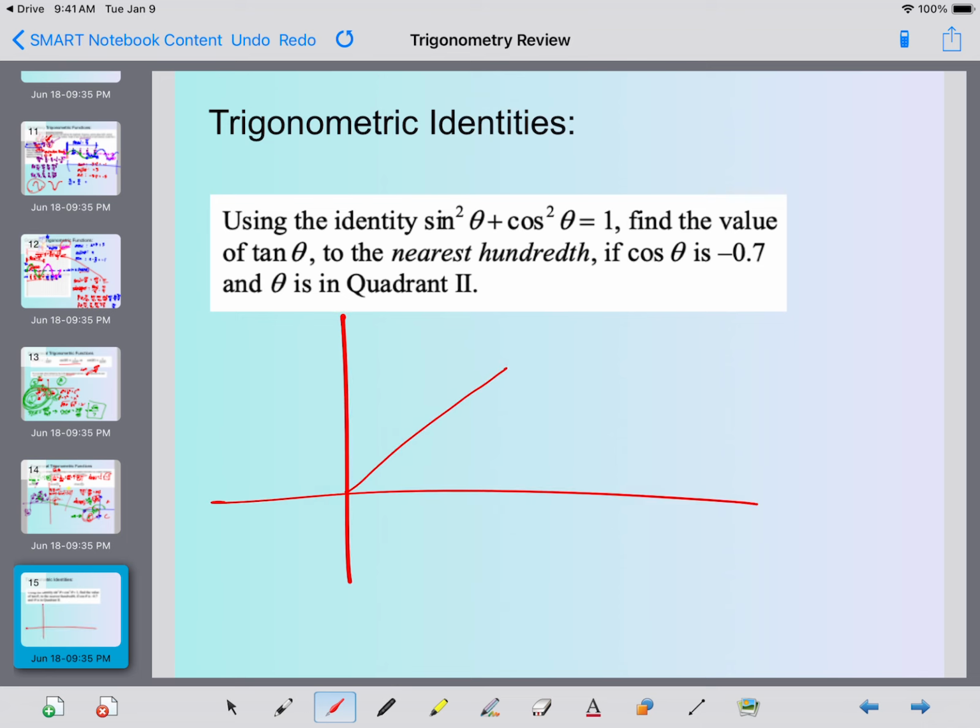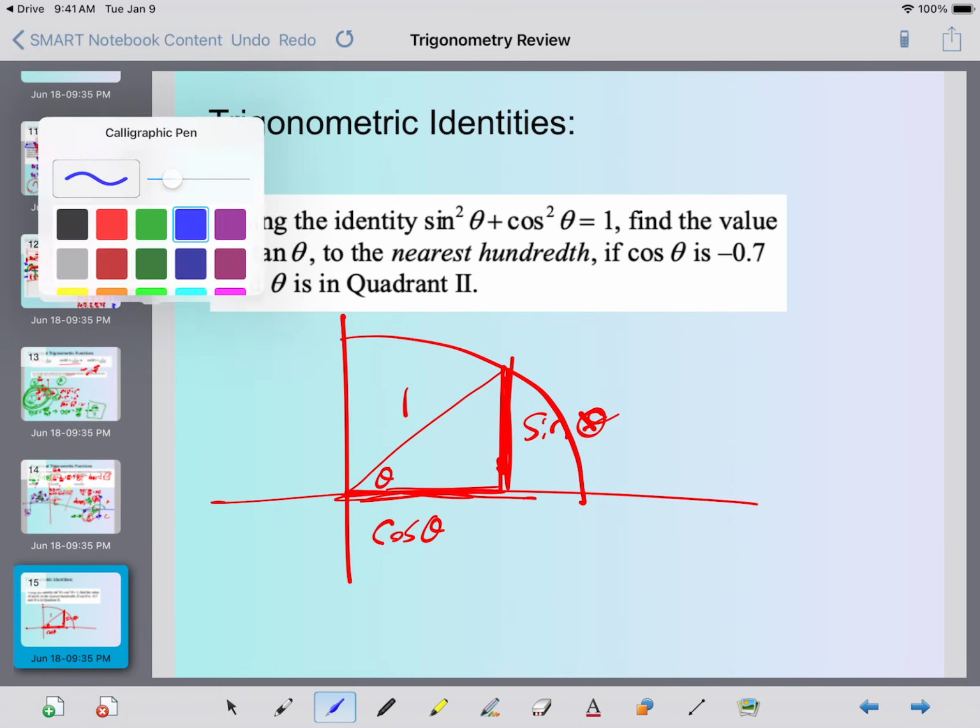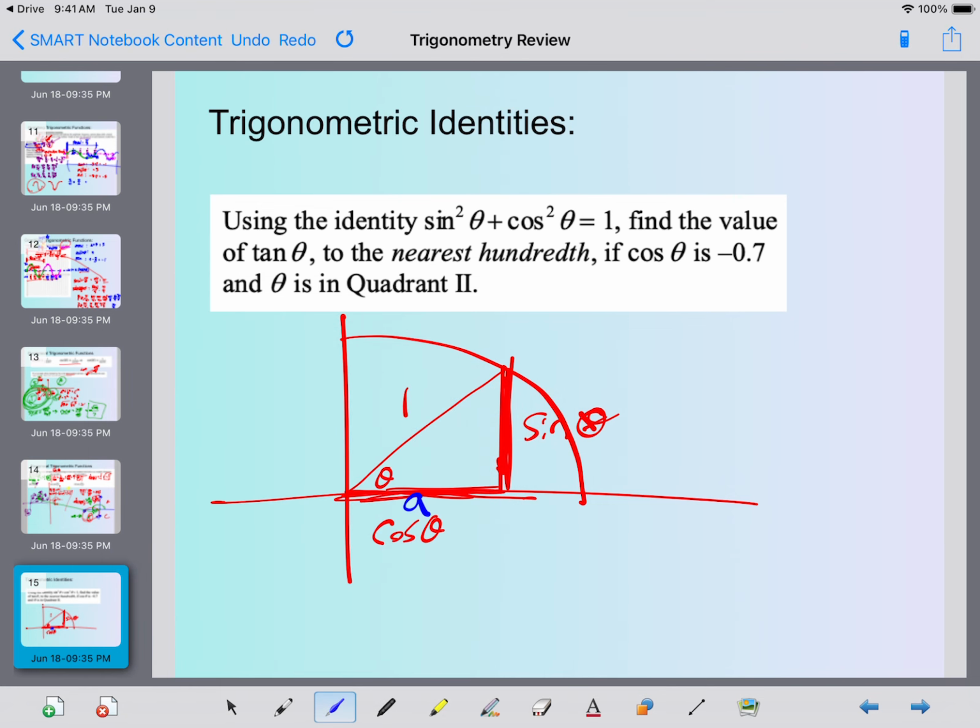We said before on the unit circle that sine is your y value, and cosine is your x value. So you know that the sum of the legs squared equals 1 squared, or equals your hypotenuse squared.